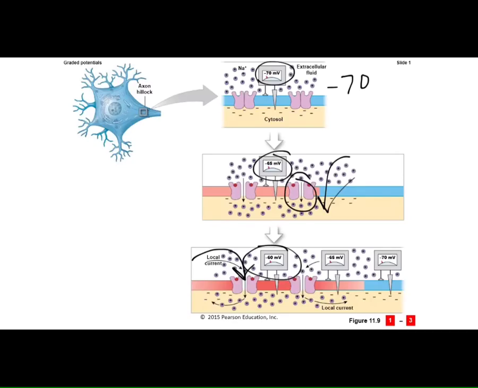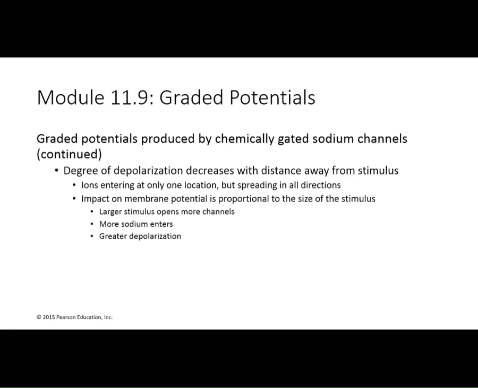So there's a slight change in the local current. This is still a graded potential. This little bit of sodium coming in is going to have a little bit of effect on the neighboring areas, but it's not going to have this massive change. So again, we still call it a graded potential.